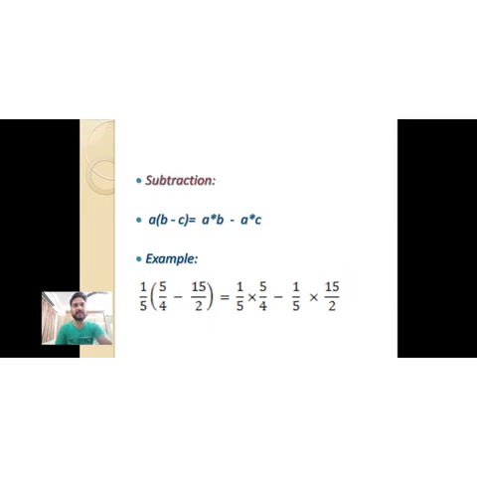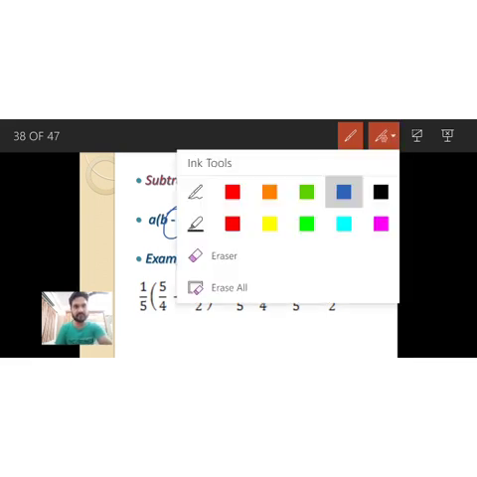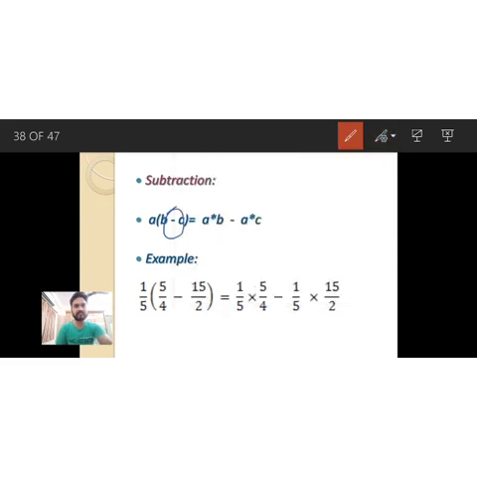Now the distributive property over subtraction. In this only the sign is changed. Instead of plus there is a minus. Now the rule is the same. What we have to do?